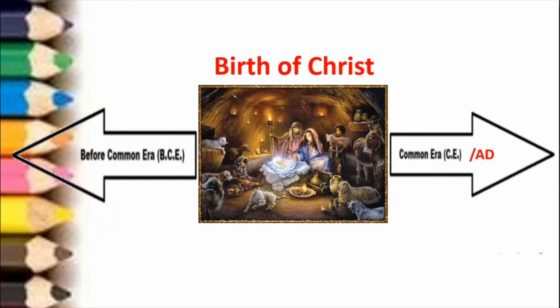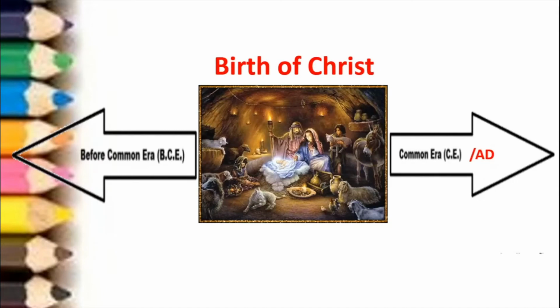Alright, so this is the most common measurement that we are using nowadays as far as time is concerned. Okay, we talk about the common era, or we talk about the time as measured in relation to the birth of Jesus Christ.